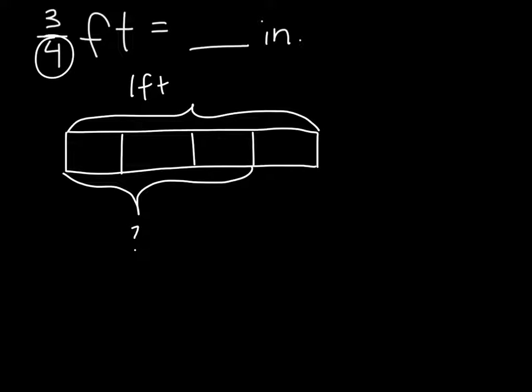So the first thing I need to do is rename my units. Instead of using feet, I'm going to use inches, and there are 12 inches in 1 foot. And so once I do that, I can see that if I divide 12 by 4, since I have 4 equal parts, there will be 3 inches in each of my parts down below.